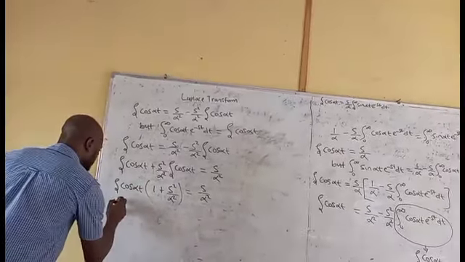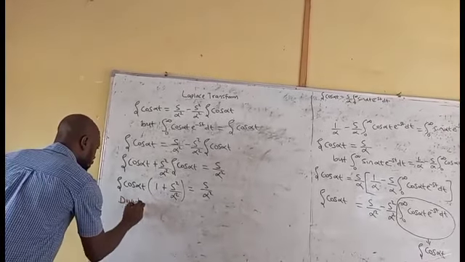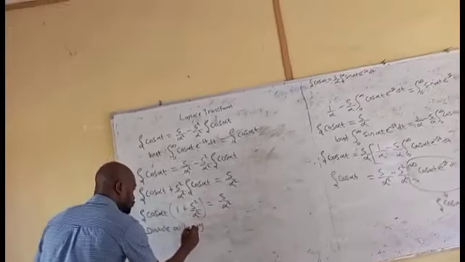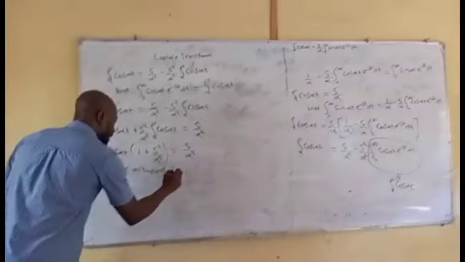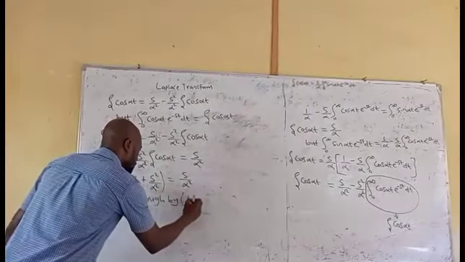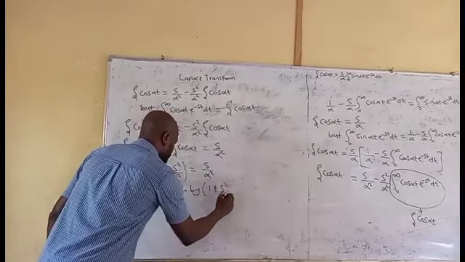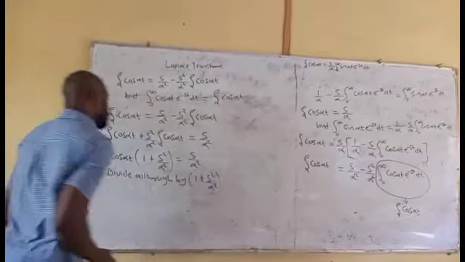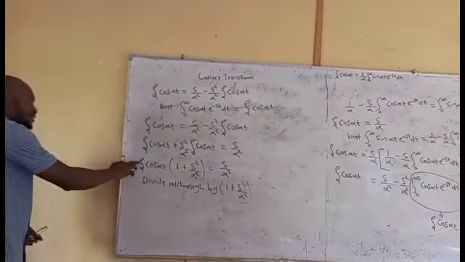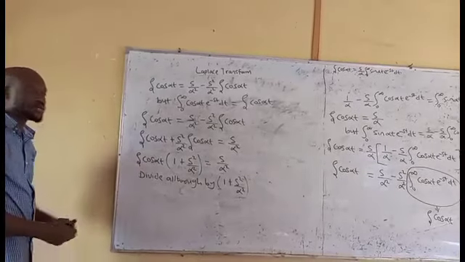So you divide all through by 1 plus x squared over alpha squared. We do that because I'm making the Laplace transform of cos alpha t the subject of the formula.